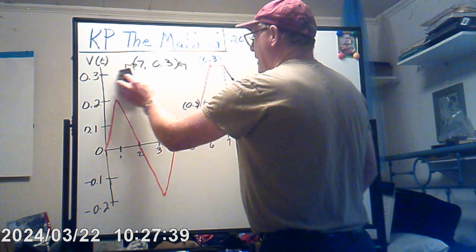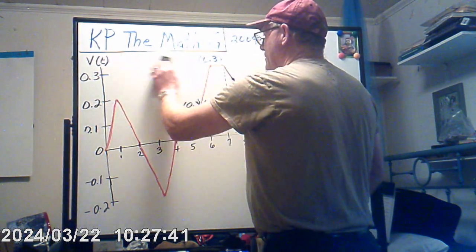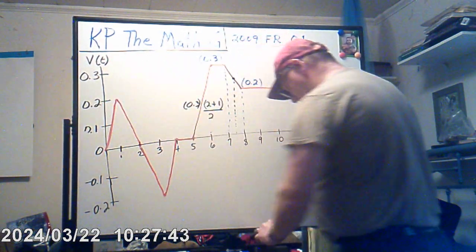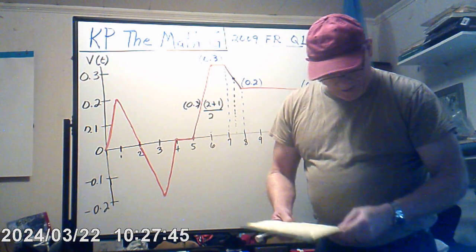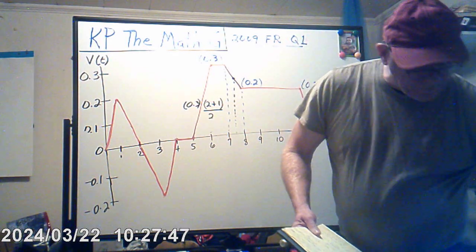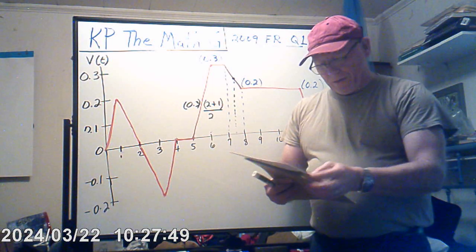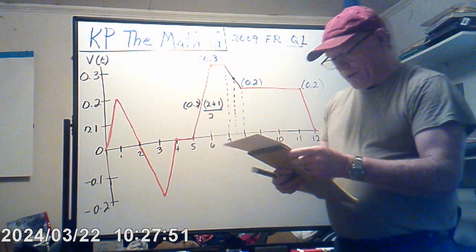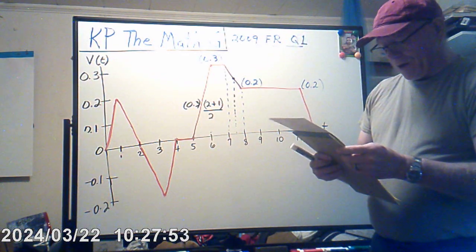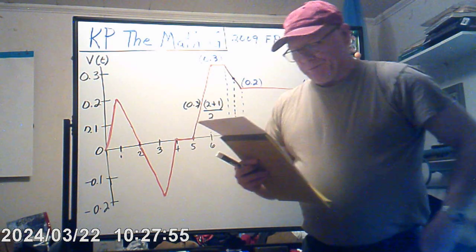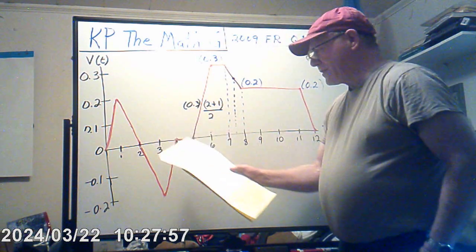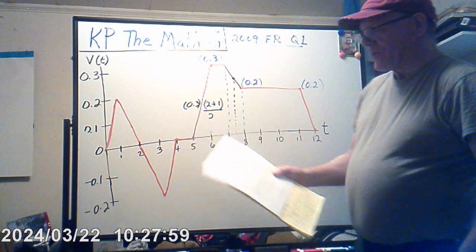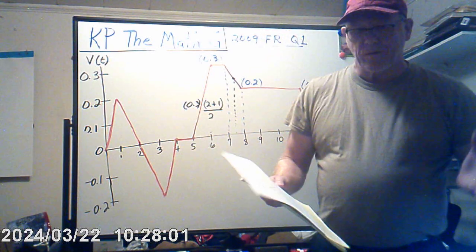Let's look at another final question, part D. Now we run into a problem. I might need to flip the board over. Because of the question, I already know the nature of the question.